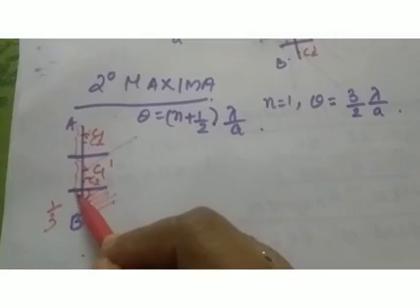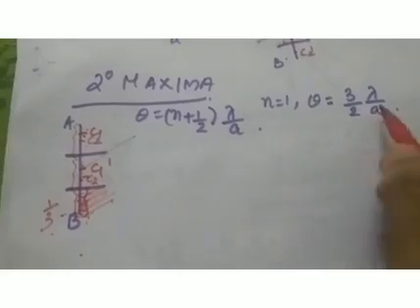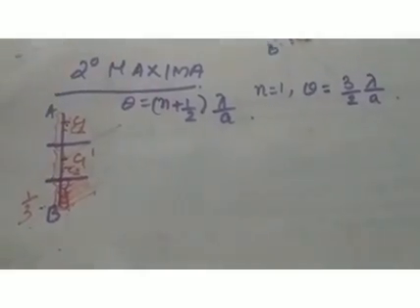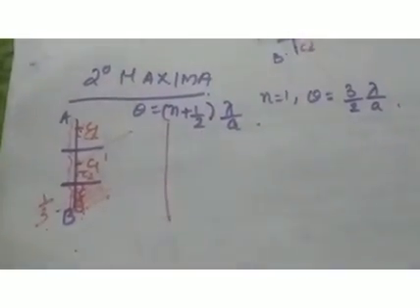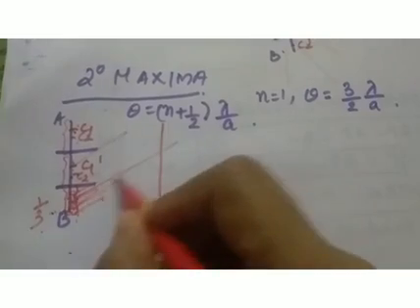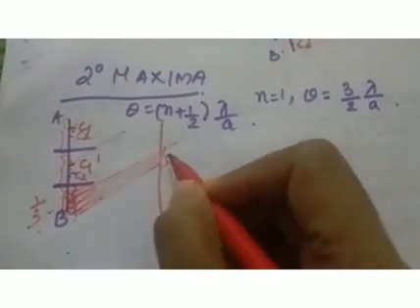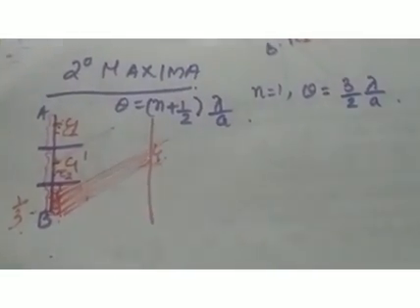So this part of the slit contributes to the intensity. So 1/3 of the slit contributes to intensity when theta is equal to 3 by 2 lambda by a. Some bright pattern is obtained on the screen because waves from 1/3 of the slit reach the screen. So brightness is obtained, and this will be the first secondary maximum.